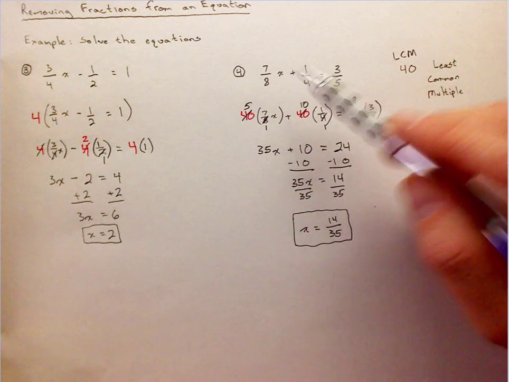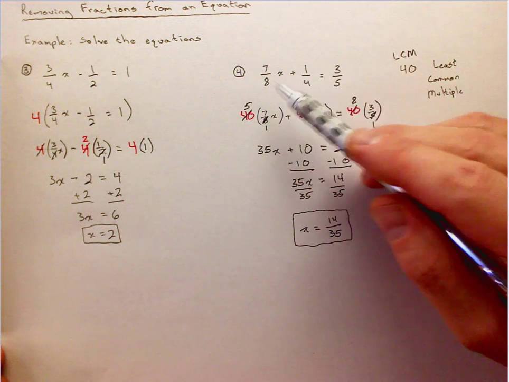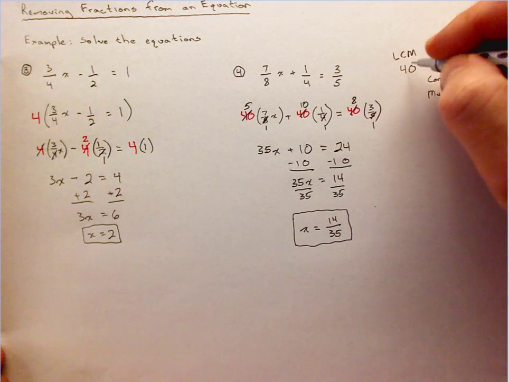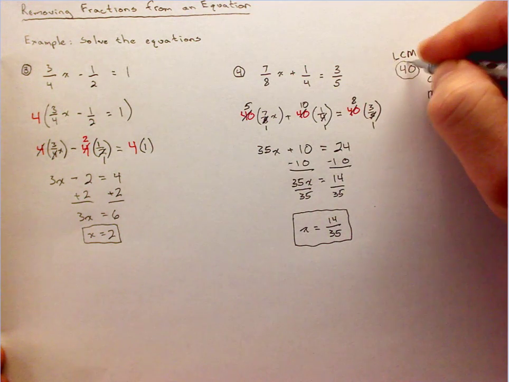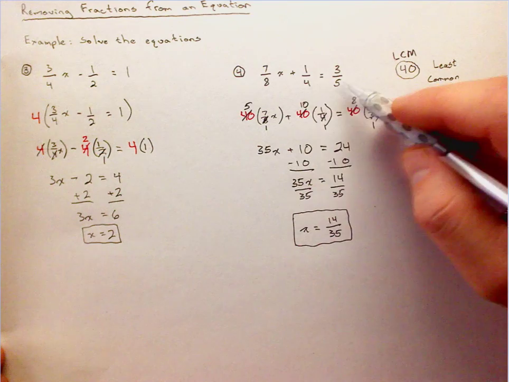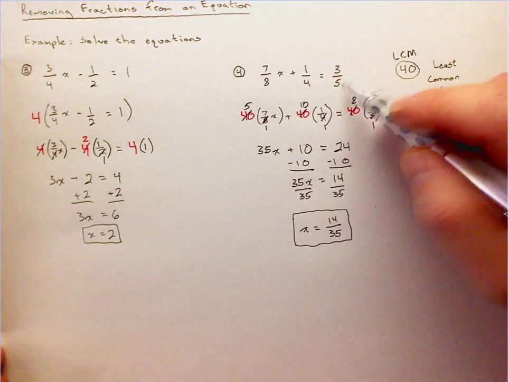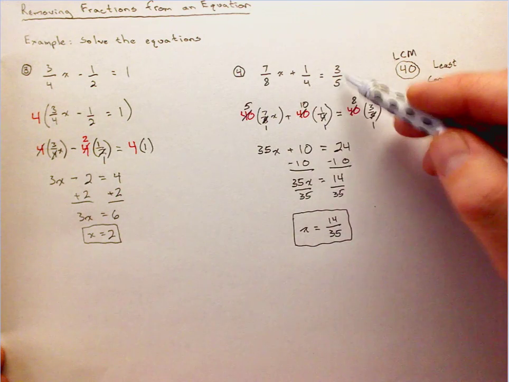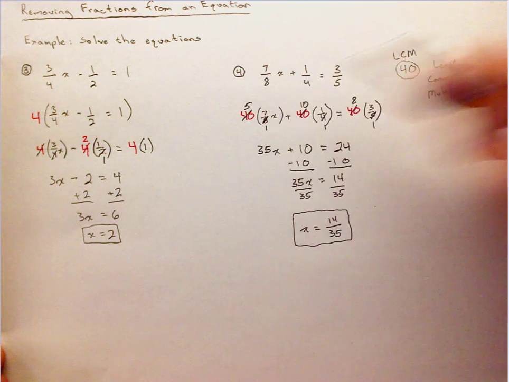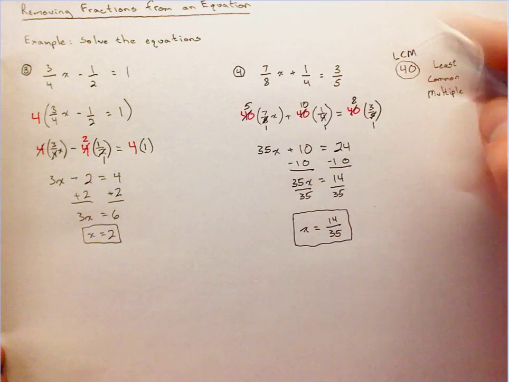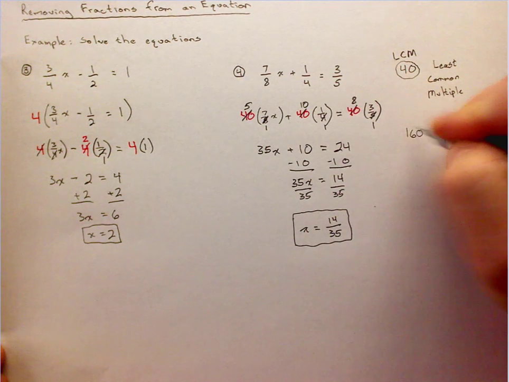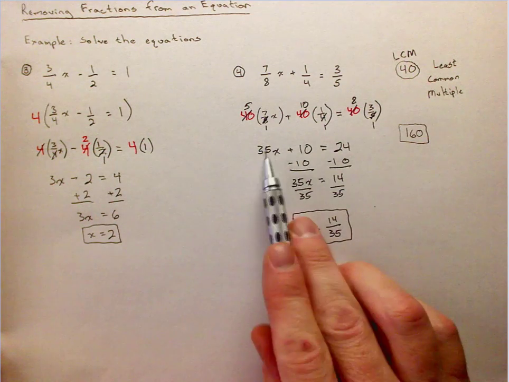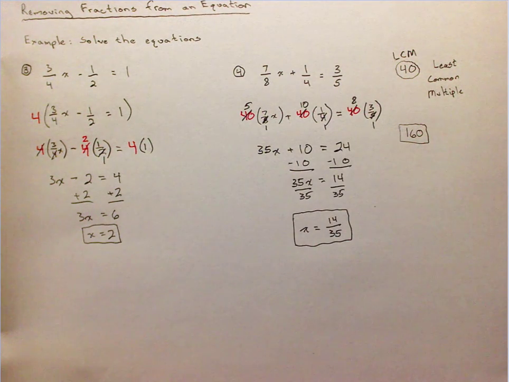In higher up maths, they will simply say just multiply all three numbers together. You do not have to find that. I would not be able to multiply these three numbers together, 8, 4, and 5, and find 40. Sometimes it's just that you see the number. There is nothing wrong if I chose 160, and you can work that yourself. It's just that I'm going to have bigger numbers whenever I get down here to my two-step equation.